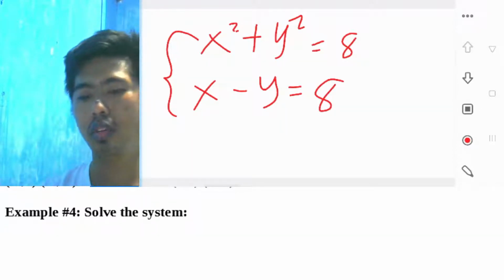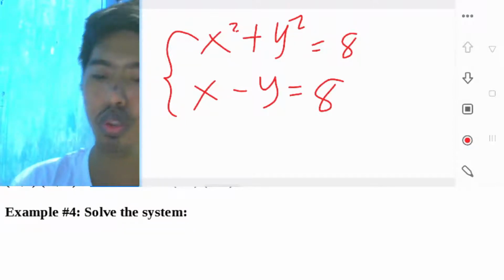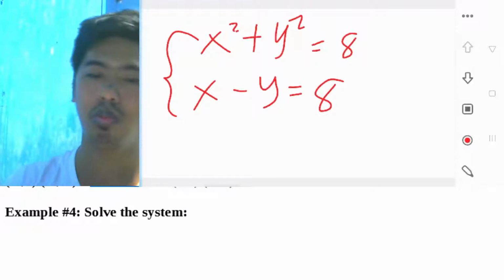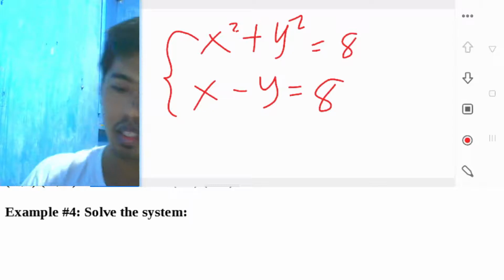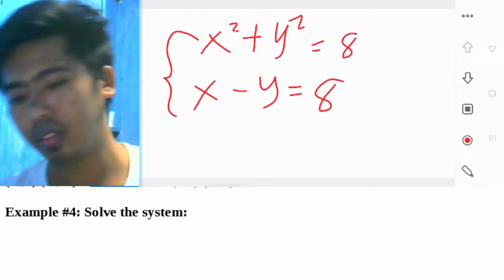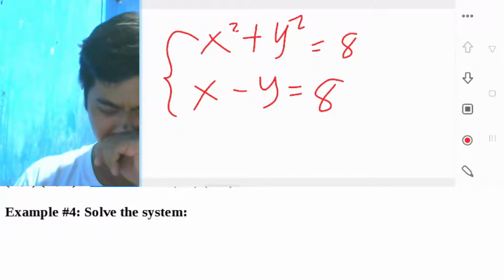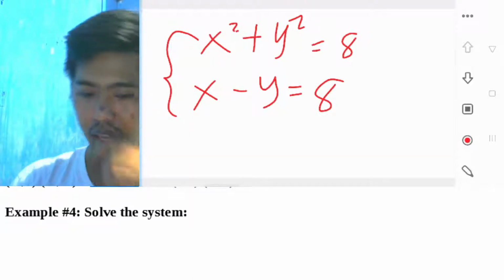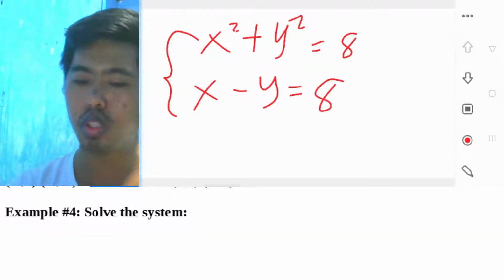So it's very hard for us to use the elimination process, since if we multiply the second equation by x, it will become negative xy and negative 8x. So basically we're not eliminating if we multiply by x.